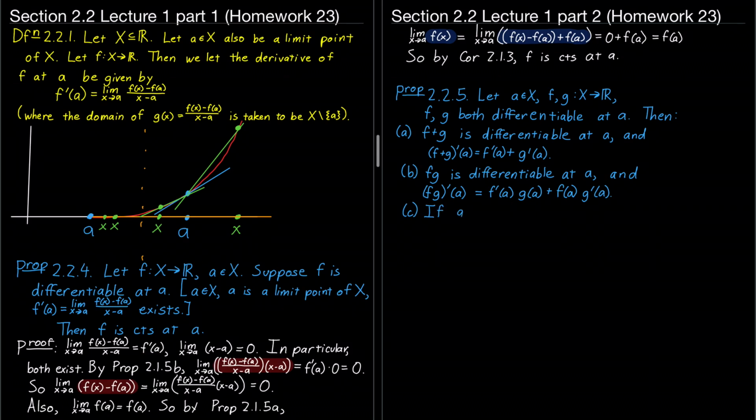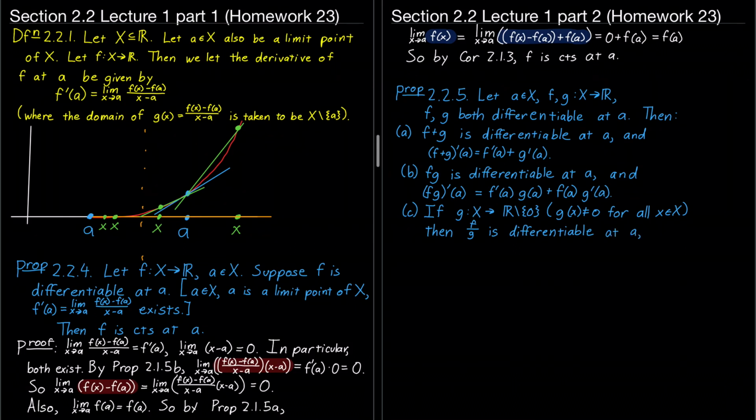If g is a function from X to R minus 0, that is, g of x is not allowed to be 0 for any x in our domain, then the quotient is differentiable at a.